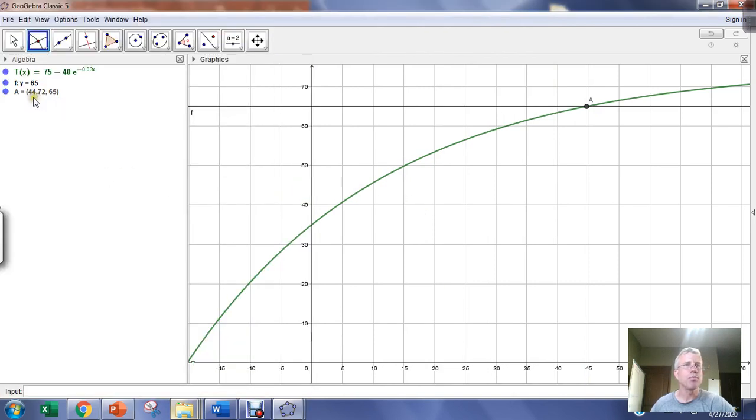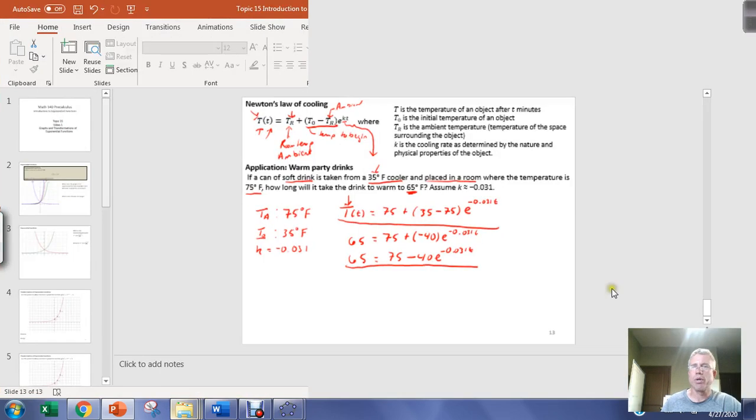So 44.7 minutes after we put the pop in the room, it will be at a temperature of 65. We'll call this about 45 minutes. So I'm grabbing the input variable right here because this is my time axis. So this is t and this is temperature. So about 45 minutes, and then we just report out the final answer.